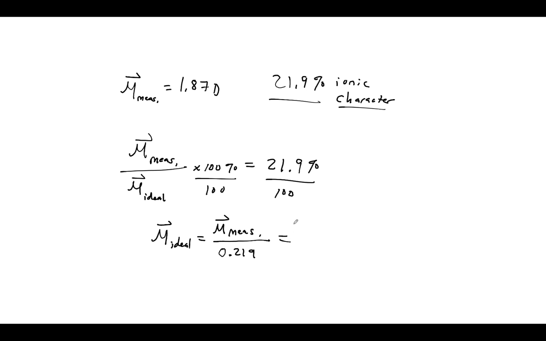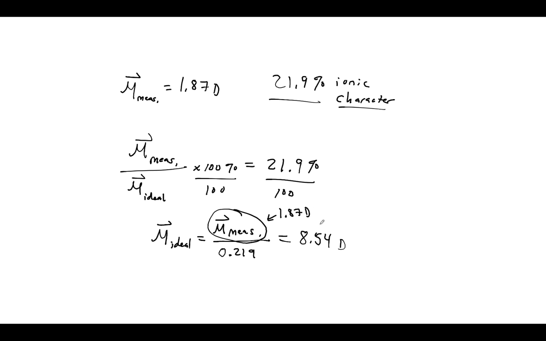And that gives you, when you do these numbers out, about 8.54 D, because the mu measured, remember, is the 1.87 D.